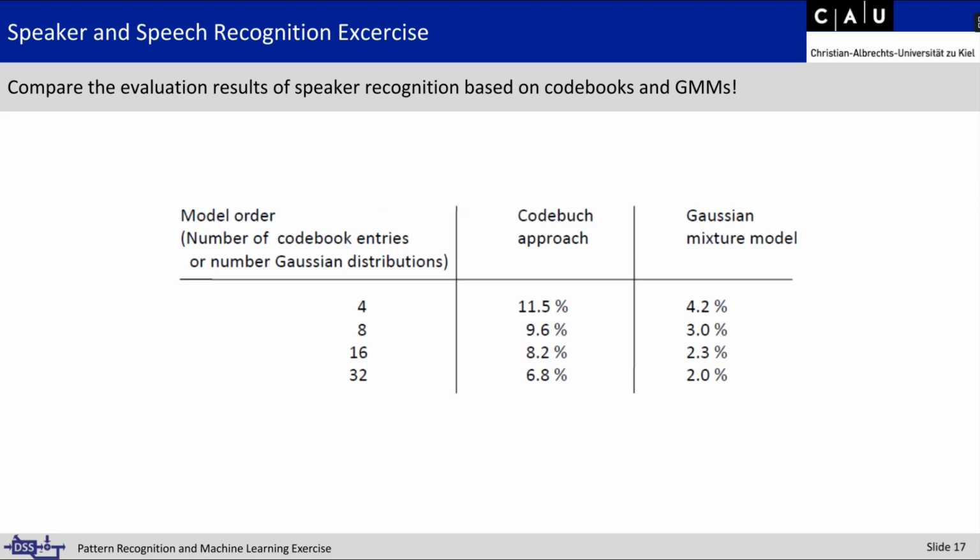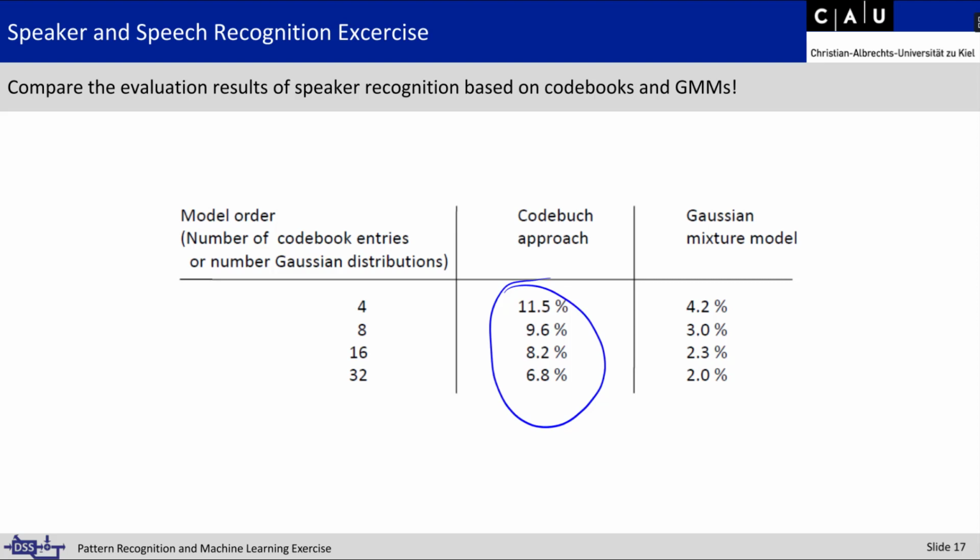The second question is: compare the evaluation results of speaker recognition based on codebooks and GMMs. This comparison is pretty easy, because we have these numbers, and we see that for pretty much every number of codebooks or Gaussian distributions, the codebook approach is worse.